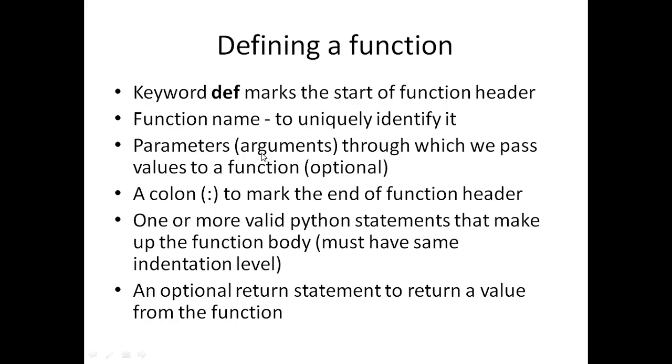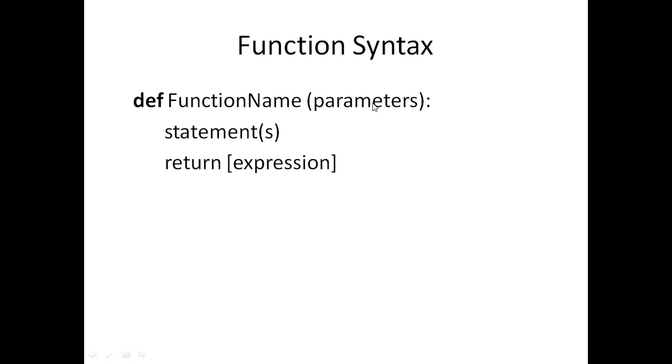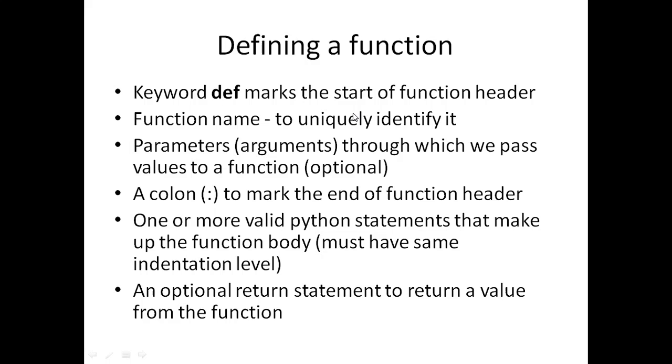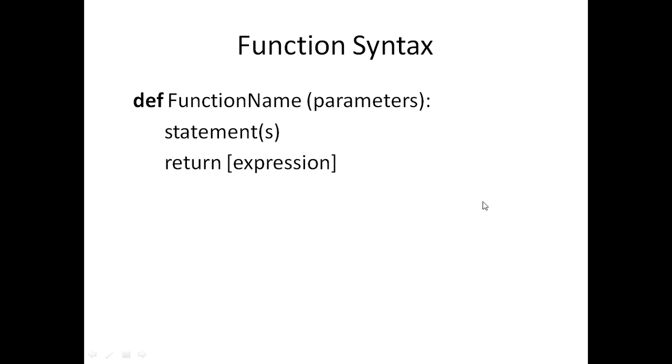Then parameters, or we call them arguments also, are the means through which we pass values to a function, and this is optional. We can have several parameters through which we pass values to the function. If you want to pass some values from the main program to this function, we can supply them using these parameters or arguments. After that, a colon will be there to mark the end of the function header. So this first line is the function header.